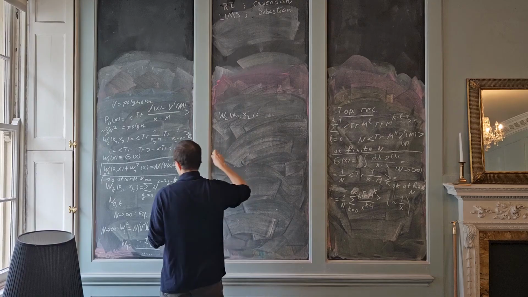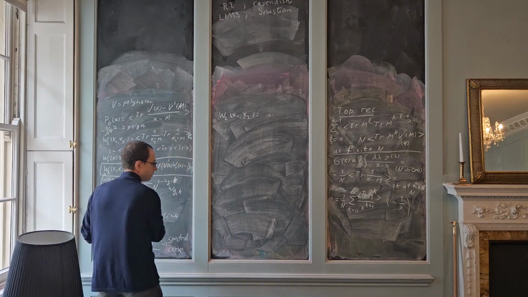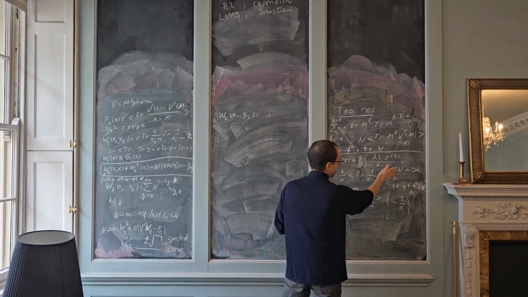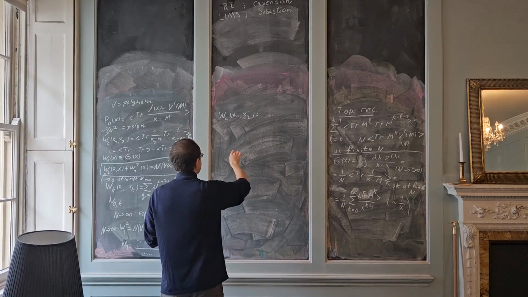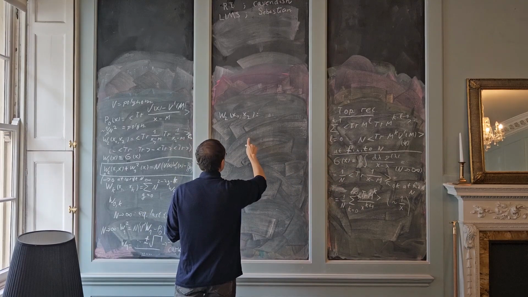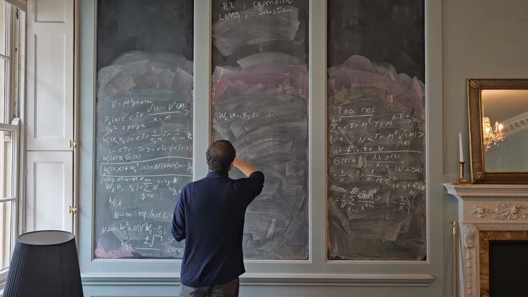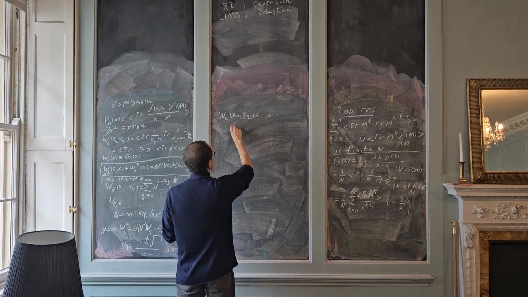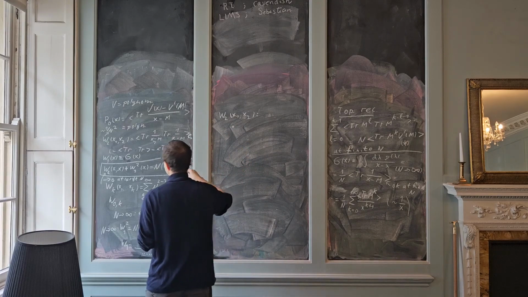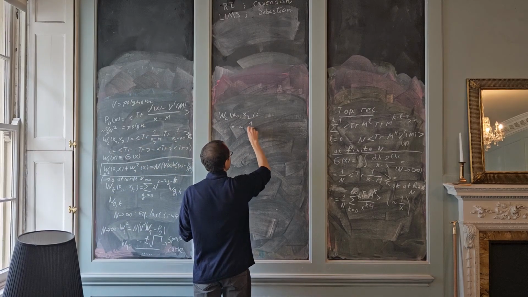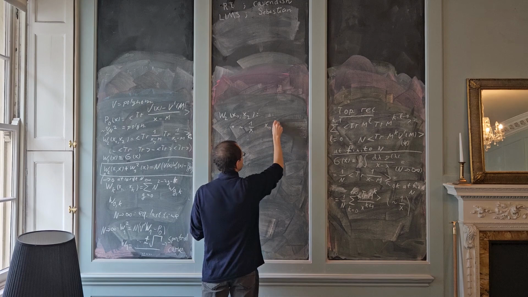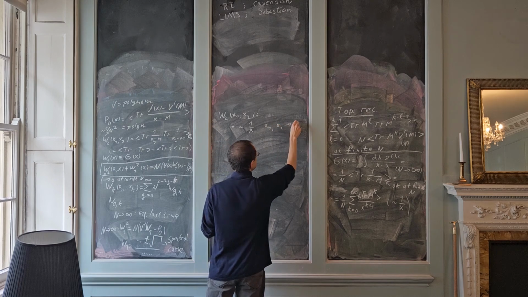Like W1 itself, which is given by this integral, it's a function on this Riemann surface. So what are its properties? Due to the definition, it's going to have 1 over x asymptotics when x1 or x2 go to infinity.